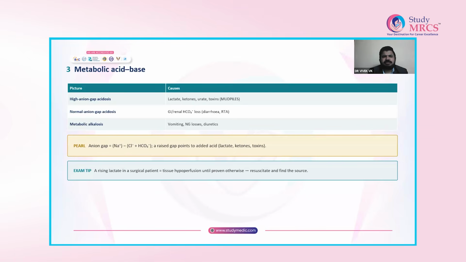Suppose a surgical patient is having rising lactate. That is an indicator of tissue hypoperfusion, because if the tissue is hypoperfused, the metabolism changes from aerobic into anaerobic metabolism, and lactate accumulates as a result of anaerobic metabolism.